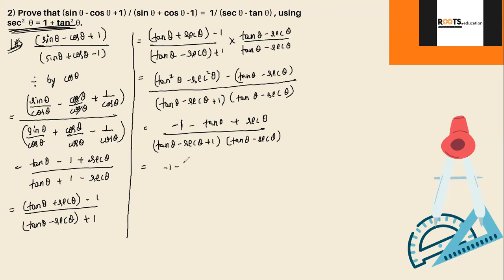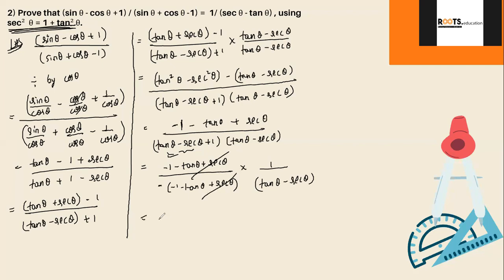Next, minus 1 minus tan theta plus secant theta divided by, take minus common in this term. If you take minus common, you will have minus 1 minus tan theta plus secant theta into 1 by tan theta minus secant theta. Take it cancelled, you'll be left with minus 1 into 1 by tan theta minus secant theta.